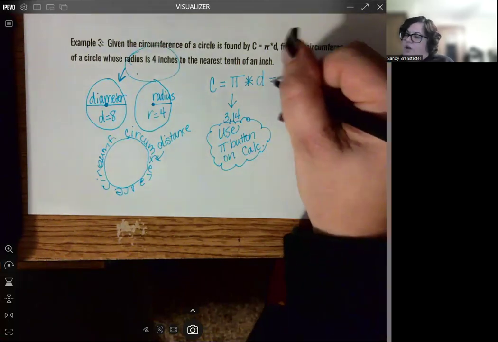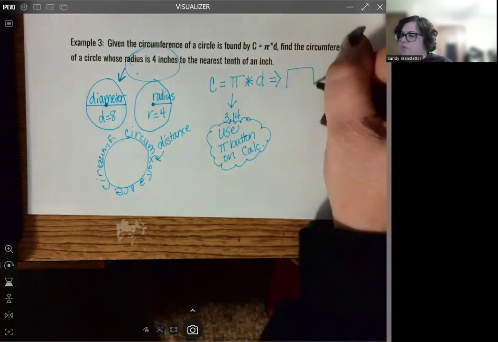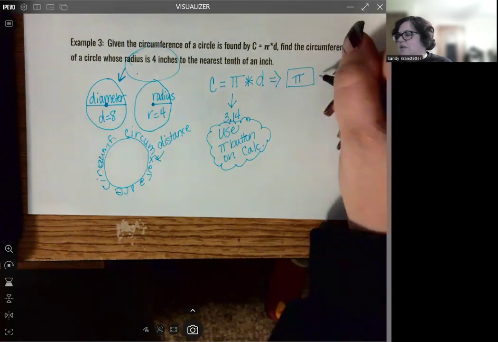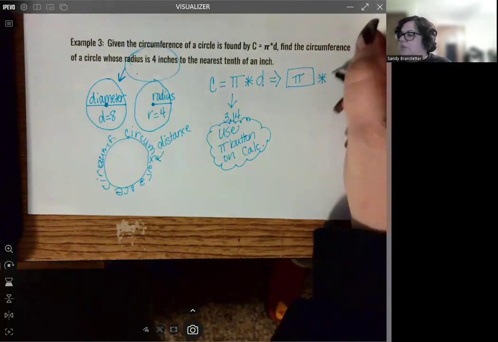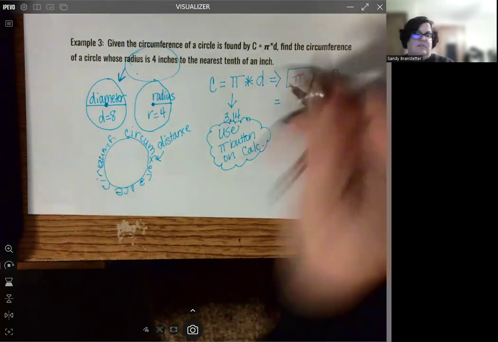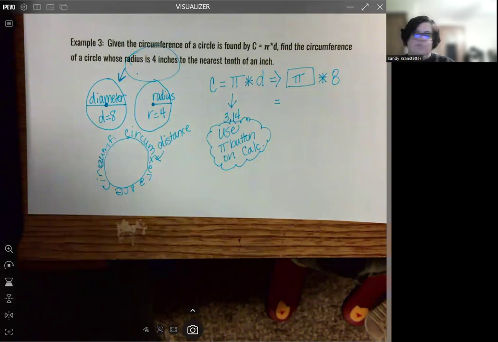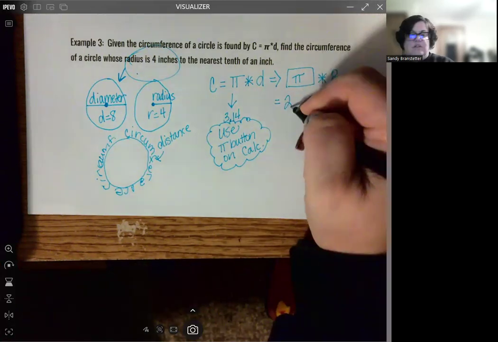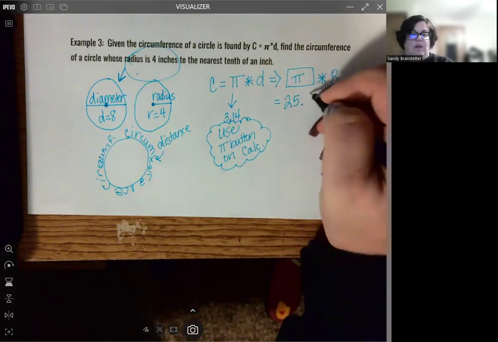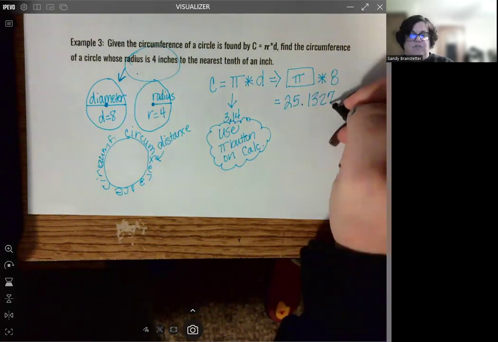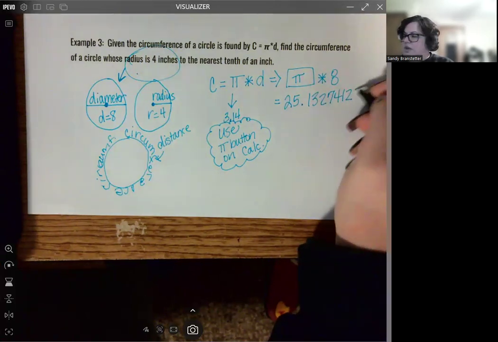So for our calculator, again, we're going to use that pi button, and then we're going to multiply by 8. So I'll grab my calculator. Hopefully you have yours there as well, and you can do this problem with us. So 25.13274123.